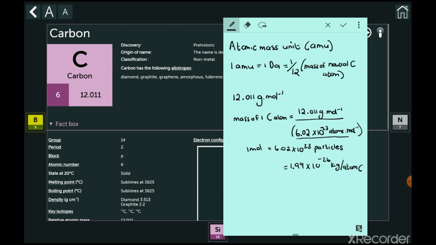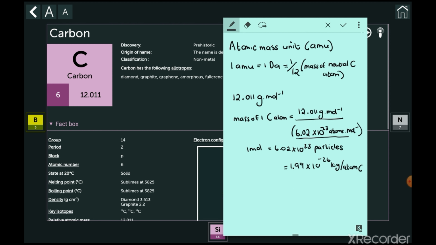I just want you guys to see how big the numbers are that we're working with. This is 10 to the power of 23. If you think of 1 million, a million has 6 zeros. So think about how many zeros this is. This is a very big number of particles.